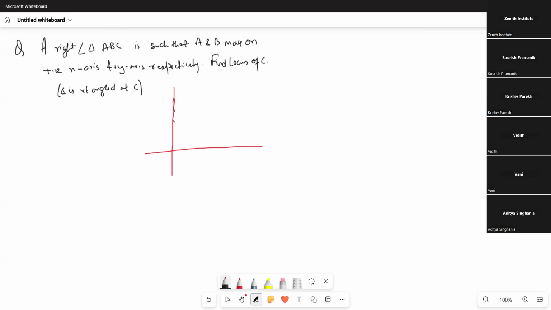So we have a scenario like this. Suppose this is A, this is B, and this is C. We have a triangle ABC like this, which is right angled at C. So this angle would be 90 degrees.